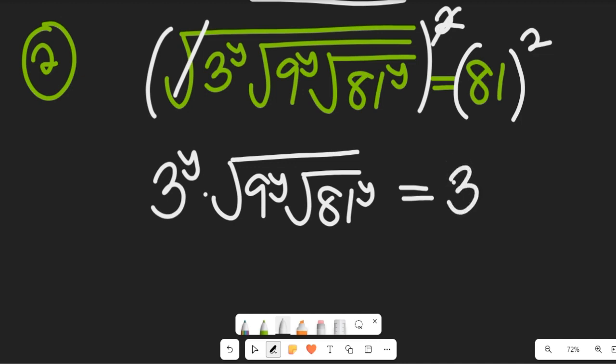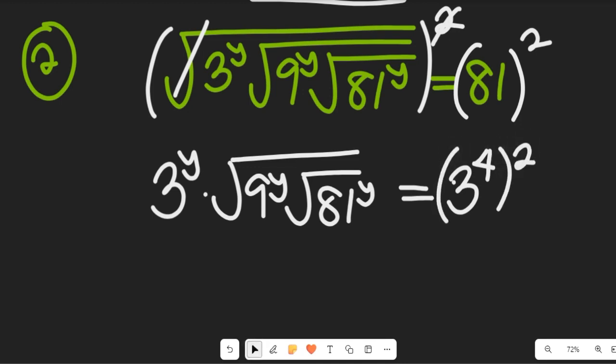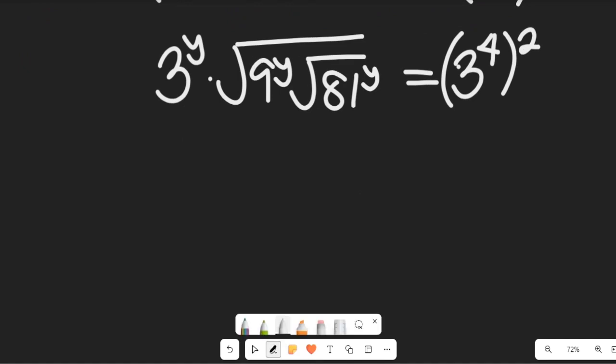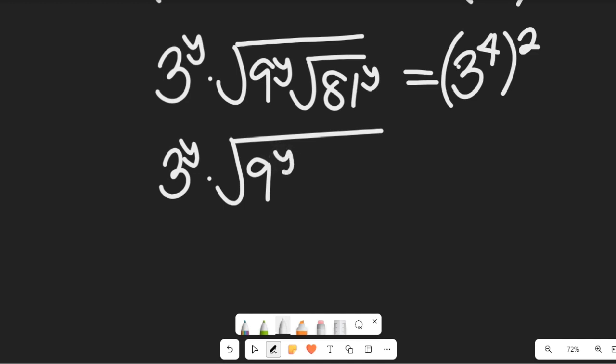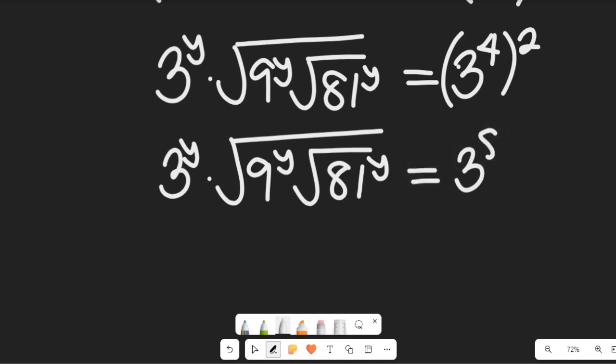And 81 is 3 to the power of 4, all squared. Good. So that expression is going to give us 3 to the power of y multiplied by the square root of 9 to the power of y multiplied by the square root of 81 to the power of y, and that will be equal to 3 to the power of 8.